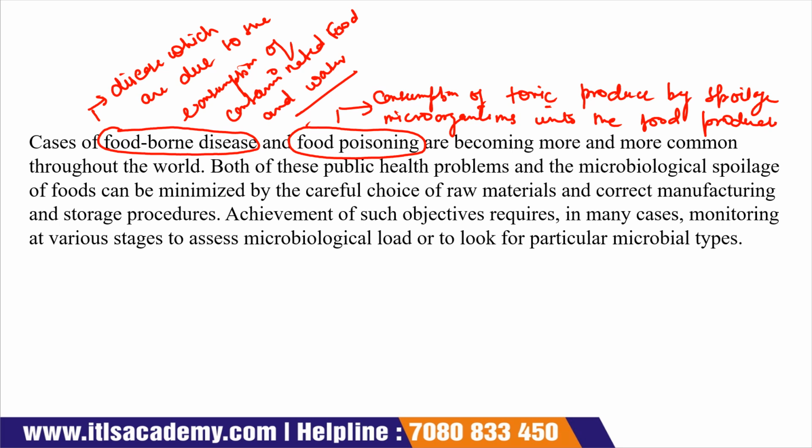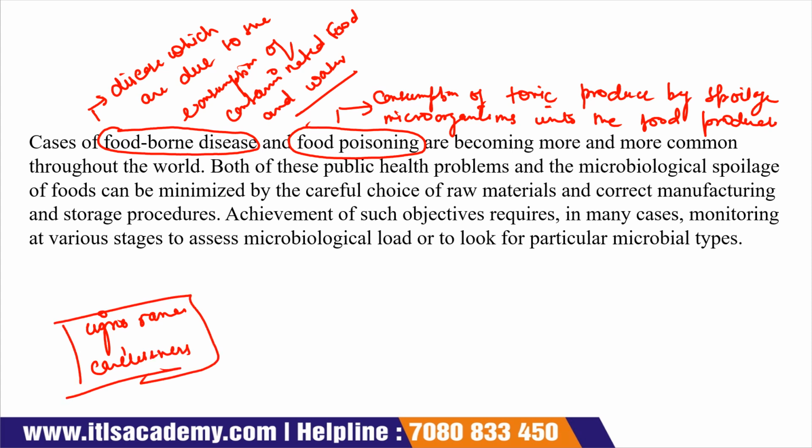Okay, why are these things happening? Because of ignorance and carelessness. These two things are the basic reasons for foodborne disease and food spoilage. We all know that food should not be kept in the danger zone for 2 hours.